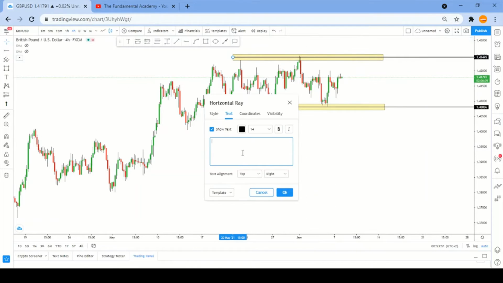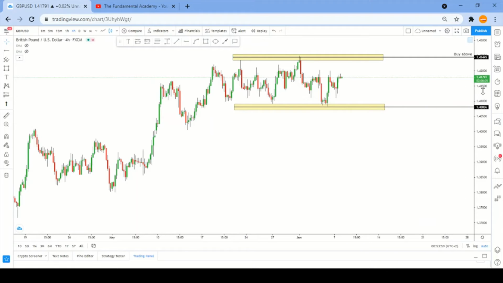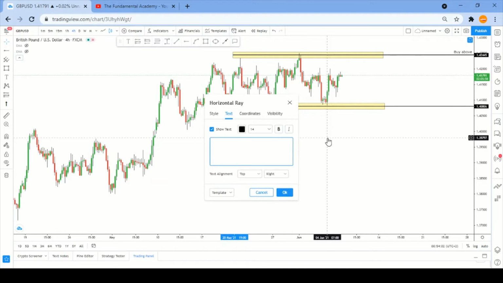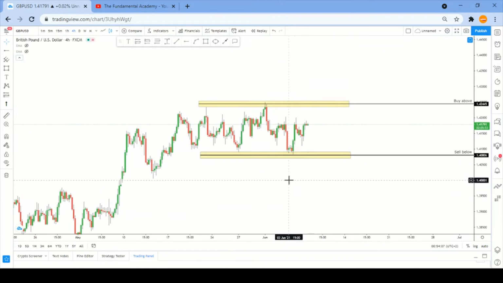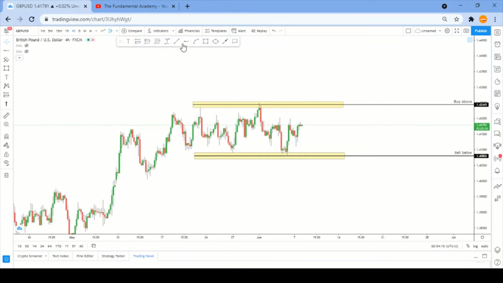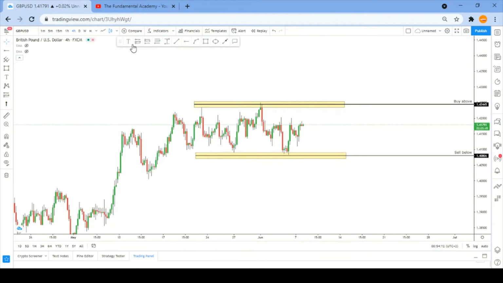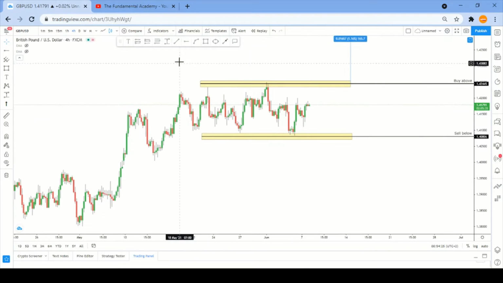Because with a range trade, you're going to buy above, buy above, and you're going to sell below. Okay, and with range trading, what we do is we measure the height of the range area, and that would be our approximate take profit levels.